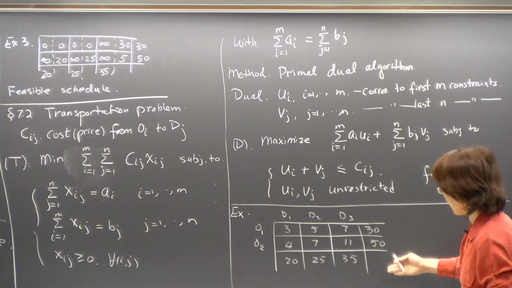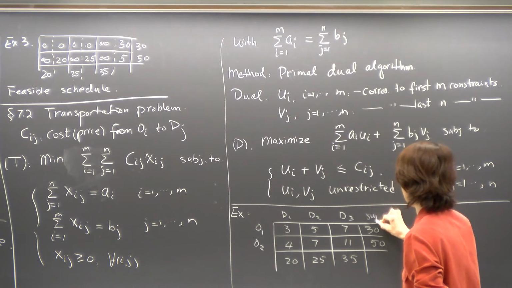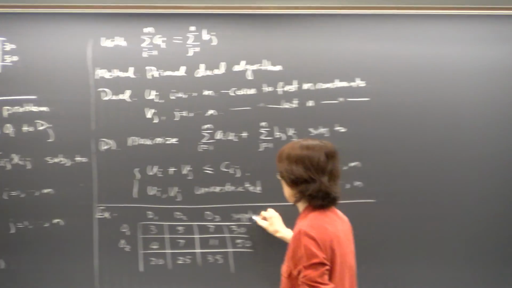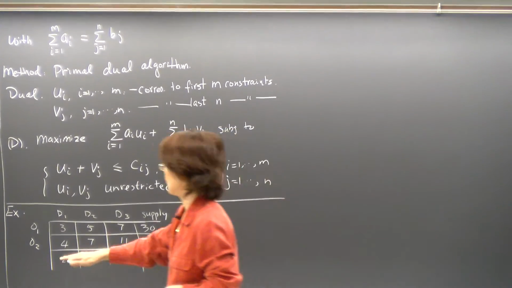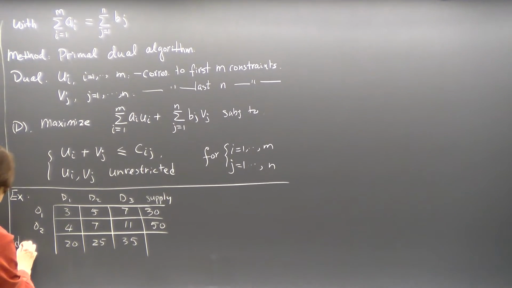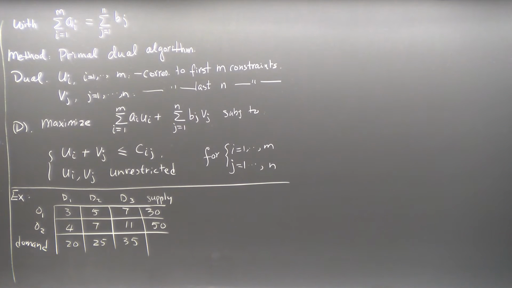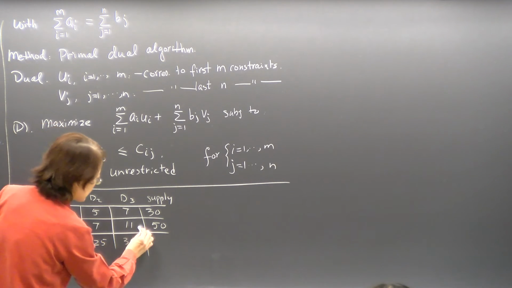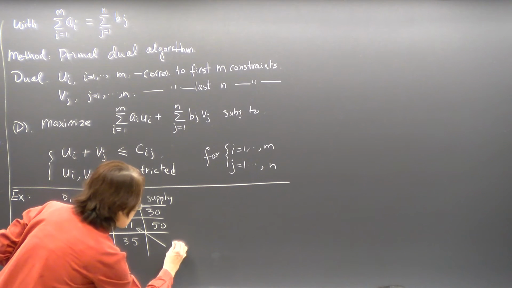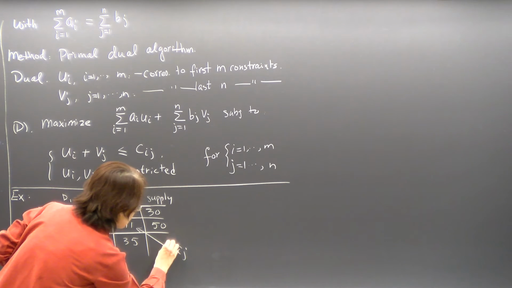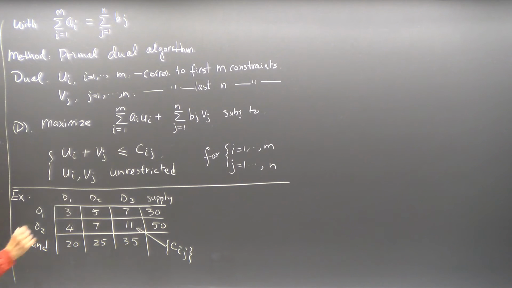What I have outside here is the supply in each warehouse, and what I have down here are the demand for each destination. And what is in the middle of this table is actually the cost, those Cij.